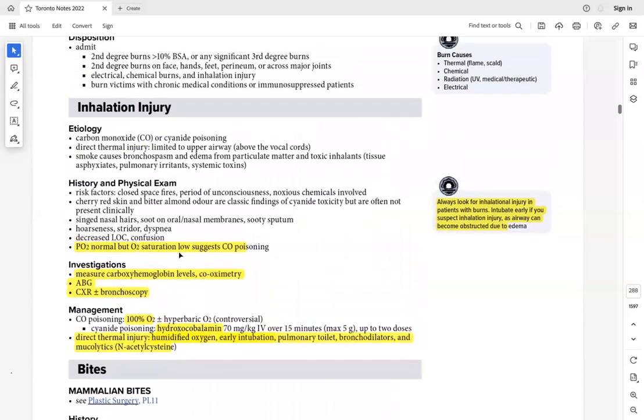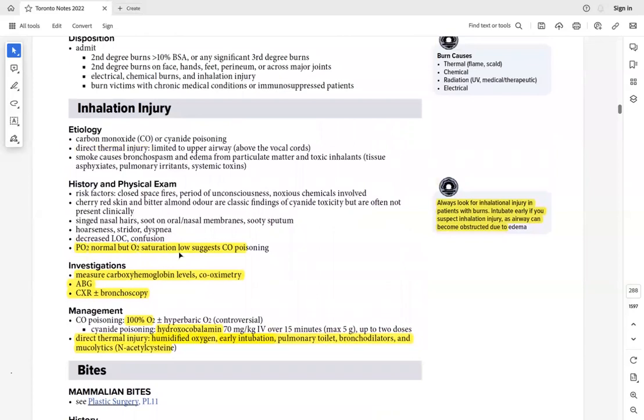Or it can also be like a carbon monoxide poisoning. The patient might have been found unconscious in the garage. Okay, so when they're saying that the patient is found unconscious in his or her garage, then most probably they were trying to commit suicide and it is carbon monoxide poisoning.